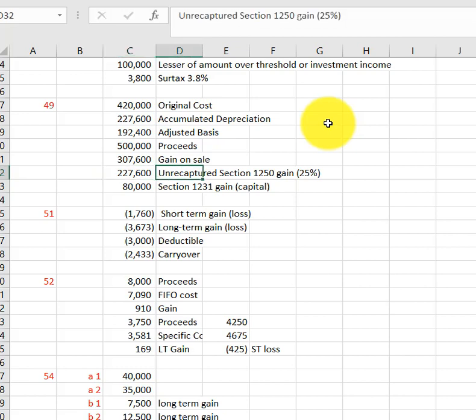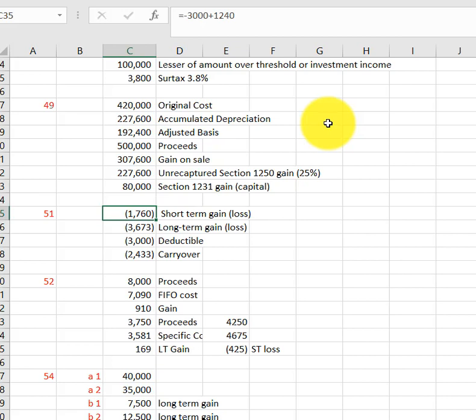This is unrecaptured 1250 gain, which is taxed at a maximum rate of 25%. It's just higher than the max rate for regular capital gains, but is still not as high as regular income. Then the remainder of this gain is Section 1231. This part would be a capital gain with a maximum rate of 20%.